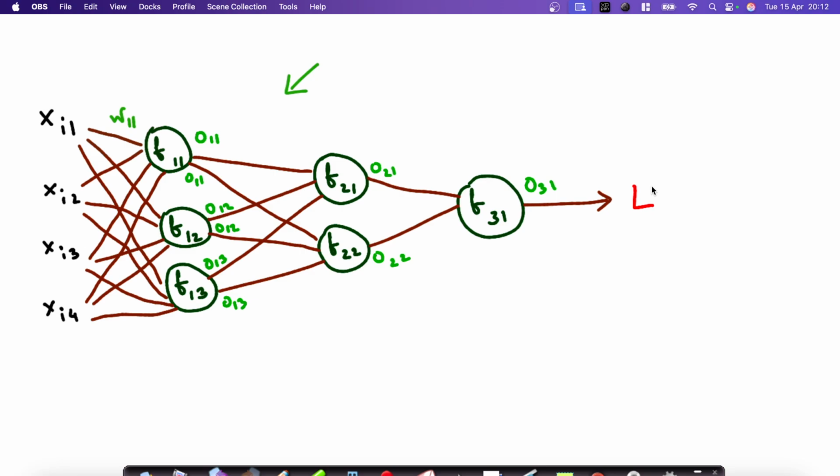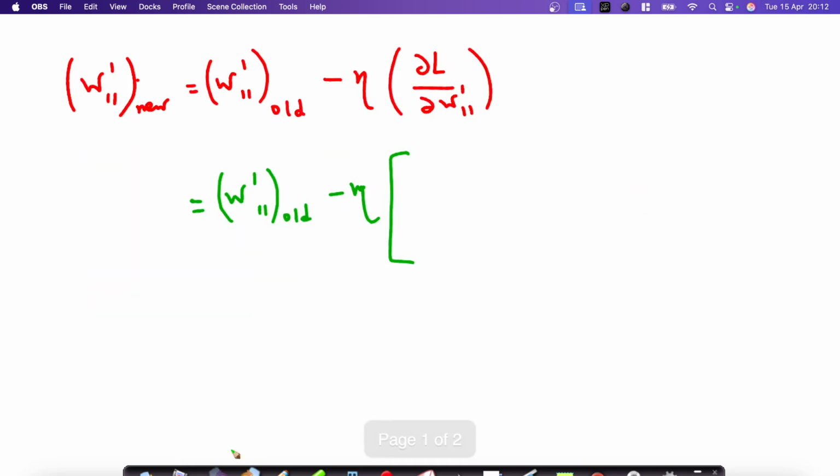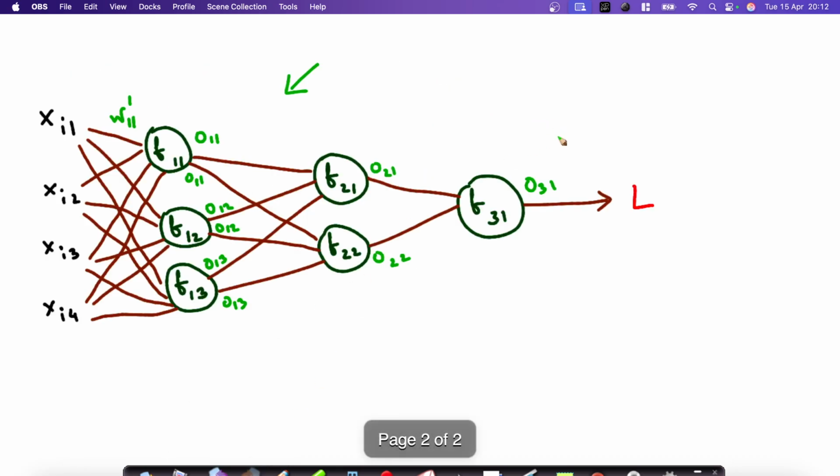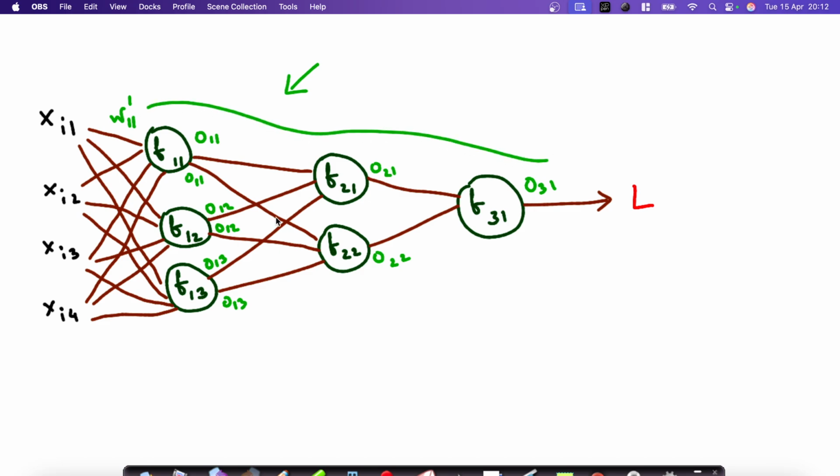What is the formula for that? So this is the first layer, right? Referring to this particular neural network, let us expand this. How do you expand this? It will be derivative of L with respect to derivative of O31. Now you see we'll have two paths, right? This is one path up to W11, and from here we have another path.